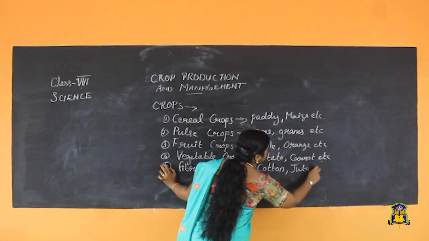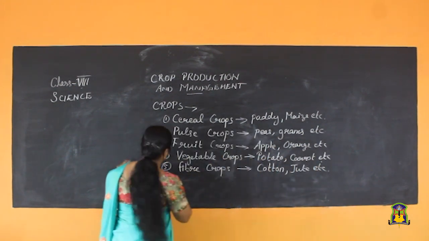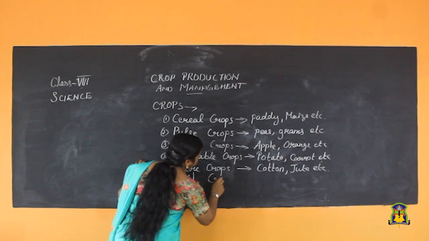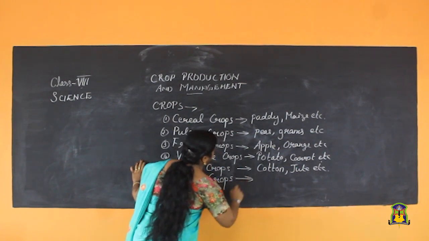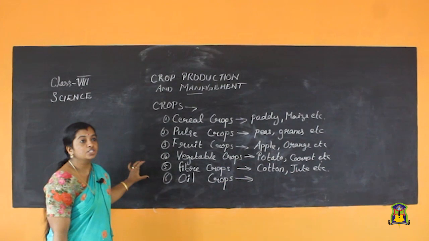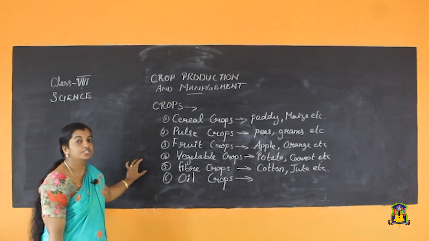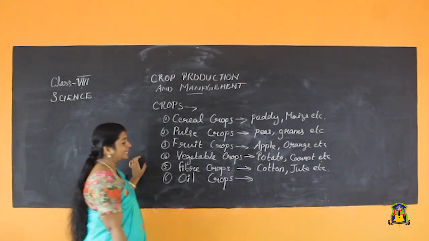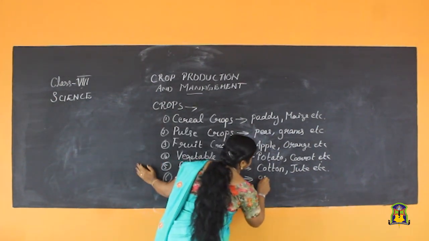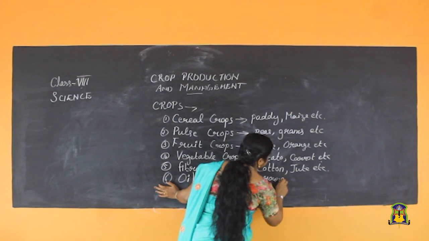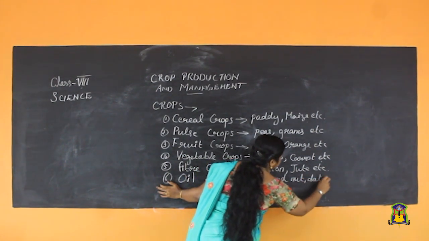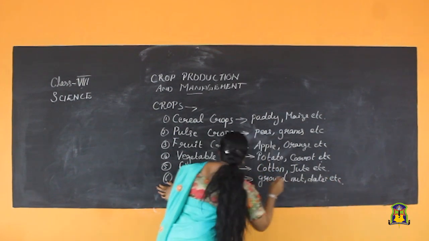Next is oil crops. What are oil crops? The crops from which oil, that is refined oil or vegetable oils, are extracted. Examples are groundnut, dates, etc.